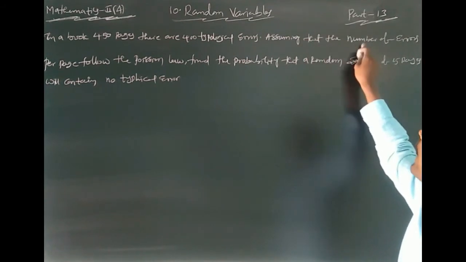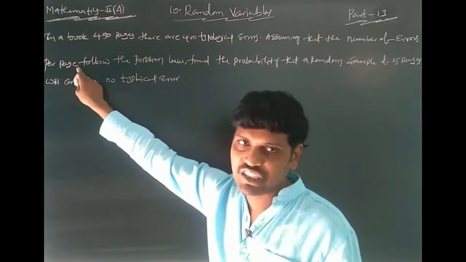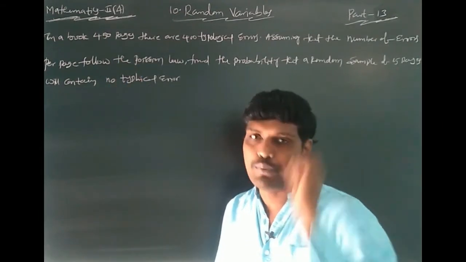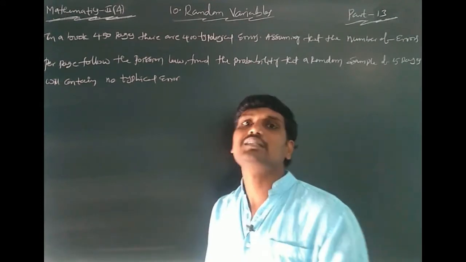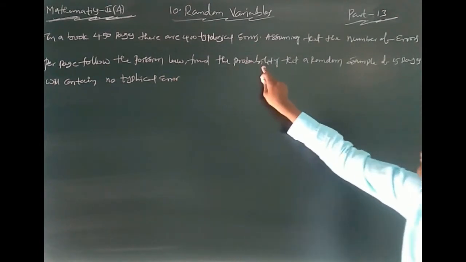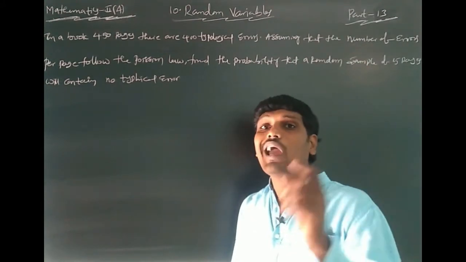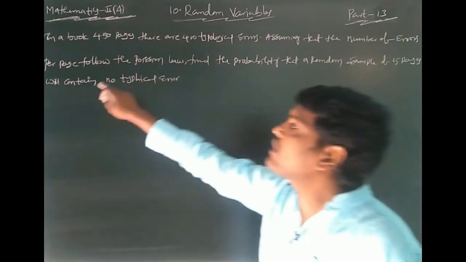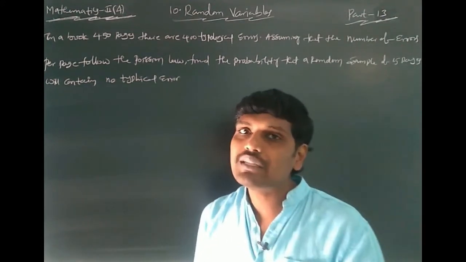Assuming that the number of errors per page follows the Poisson distribution, each page follows the Poisson law. Find the probability that a random sample of 5 pages will contain no typographical error. How many pages? 5 pages.